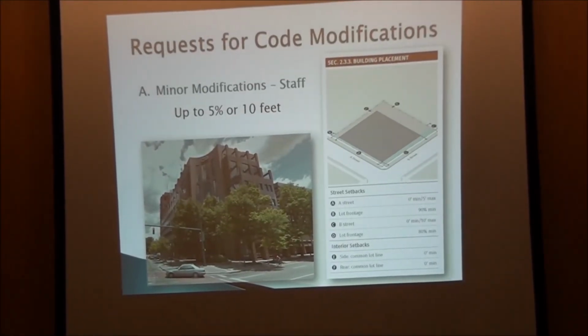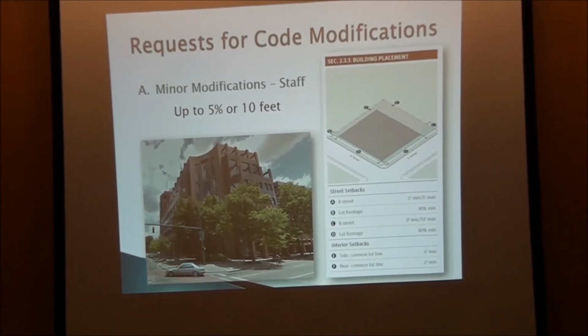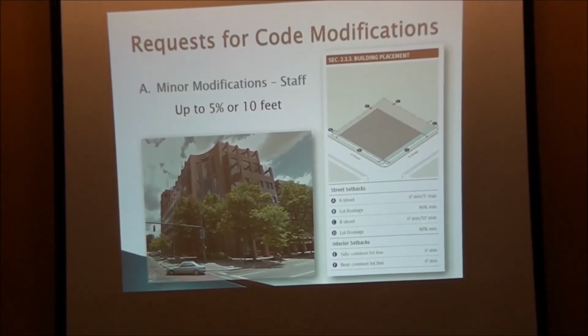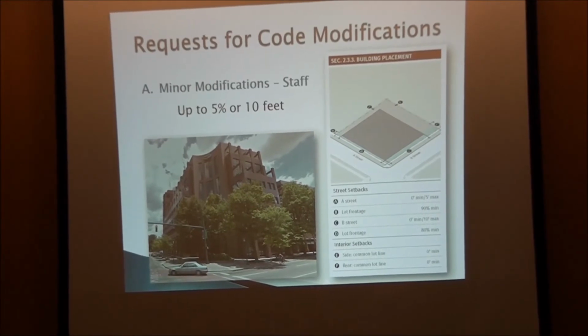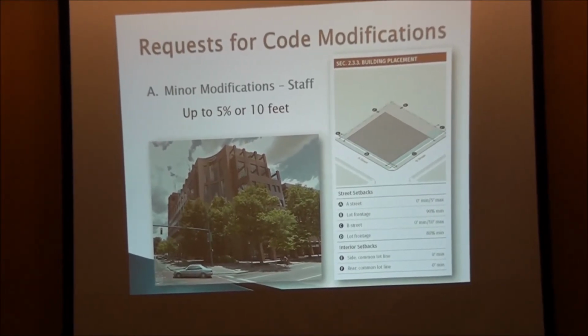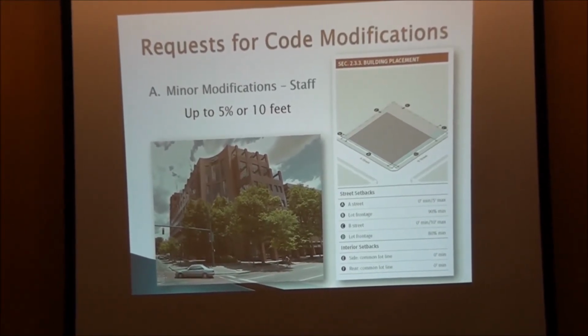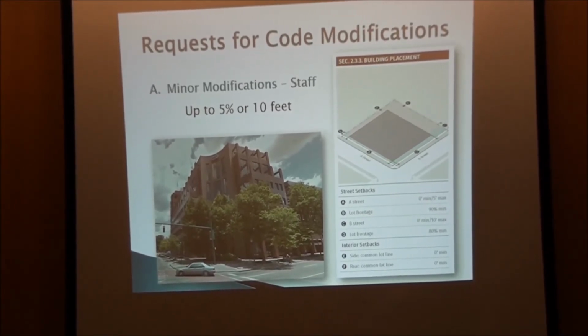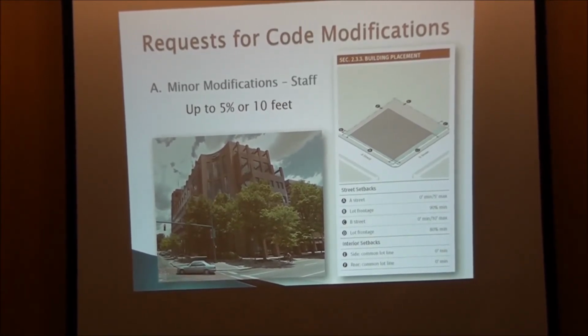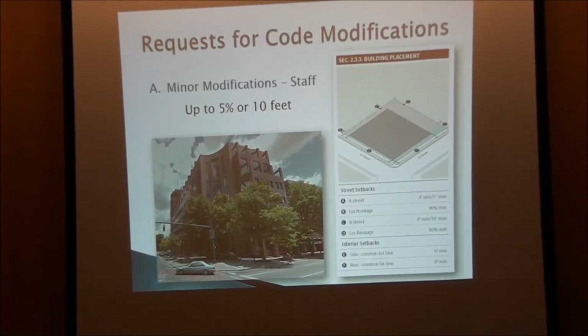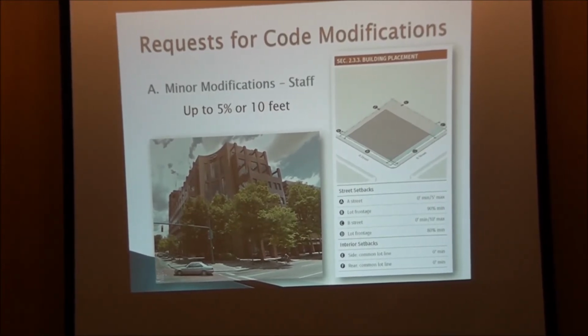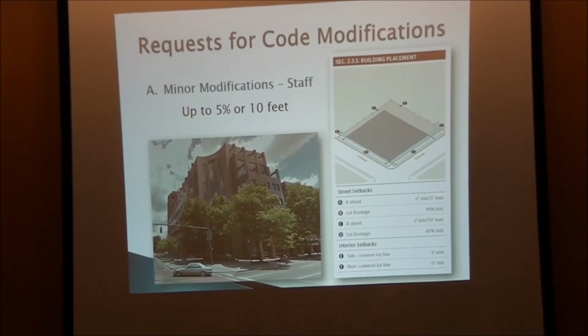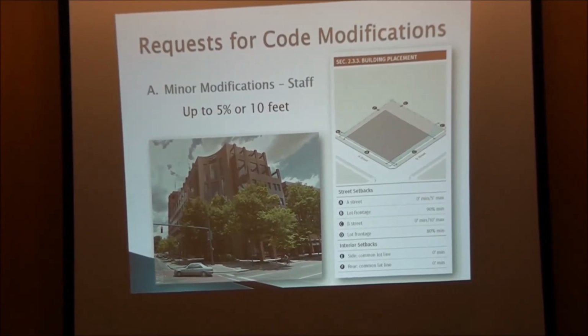So let's assume that you're building a new building, and maybe there's something you want to do that doesn't quite meet the standards in this new code. If it's a minor thing, and by minor I mean maybe you just need 10 feet more of a setback on your building, or just a 5% difference in one of the standards, the city staff is going to be able to grant you that modification if they deem it's worthwhile.